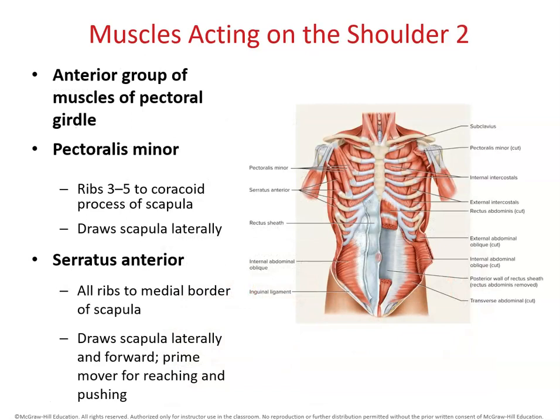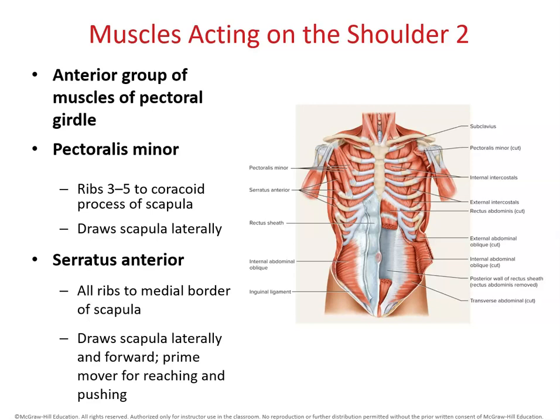The anterior group, remember we said there's a posterior and an anterior group to your shoulders. Okay, so the anterior group, the pectoralis minor, is around ribs 3 through 5 and reaches to the coracoid process of the scapula, and it draws the scapula laterally.